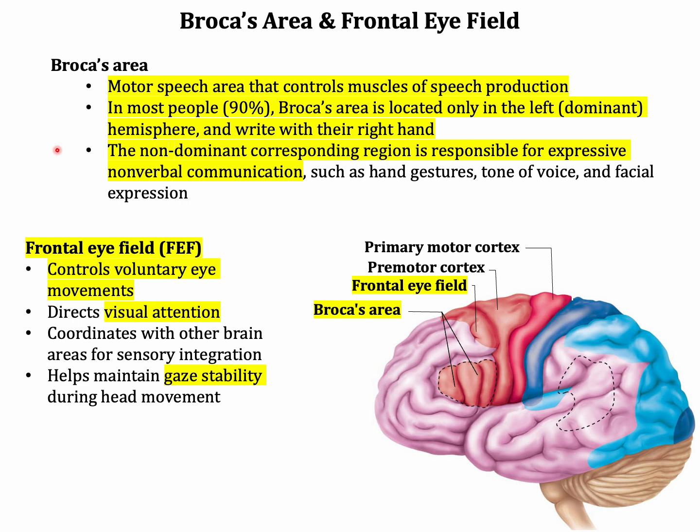The corresponding region in the non-dominant hemisphere is responsible for expressive nonverbal communication, hand gestures, facial expressions. So if the Broca's is on the left, the corresponding non-dominant region would be on the right. Still contributing to language to some extent, but it's more that motor expression for nonverbal communication.